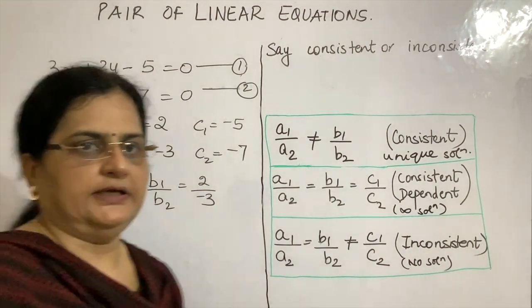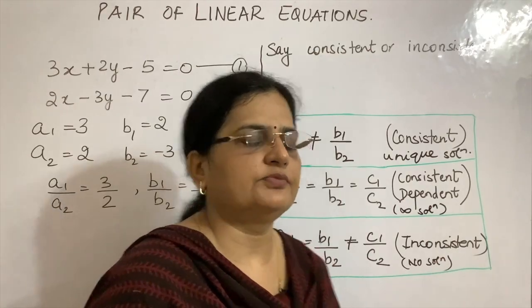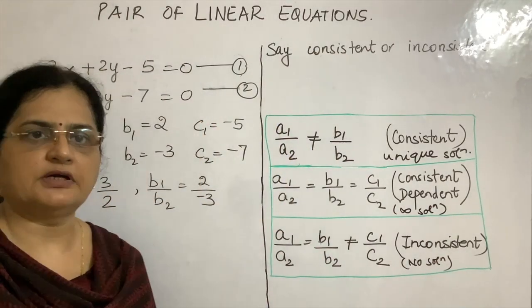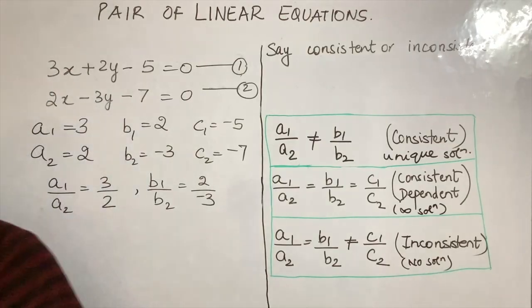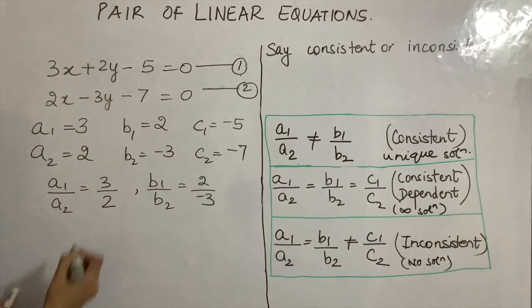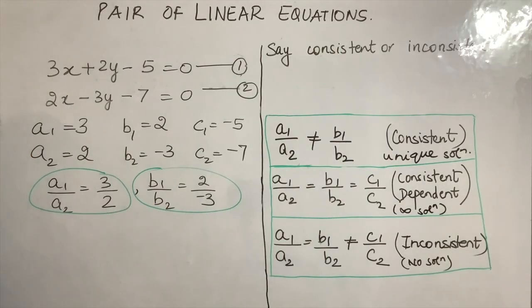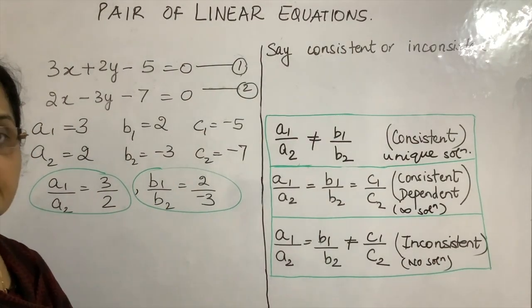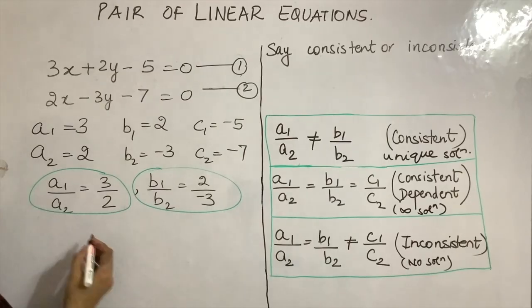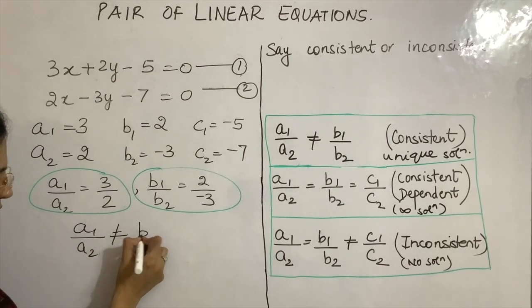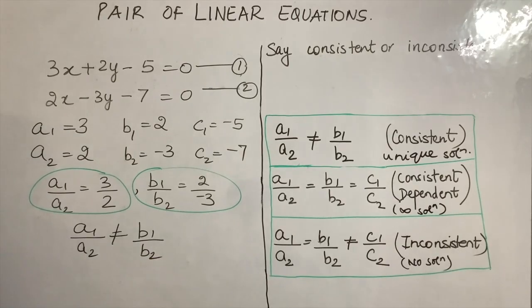Now over here only, at this step only, you can observe that A1 upon A2 is not equal to B1 upon B2. How do you observe this? A1 upon A2 is 3 upon 2. And B1 upon B2 is minus 2 upon 3. They are not the same. So you can write A1 upon A2 is not equal to B1 upon B2.